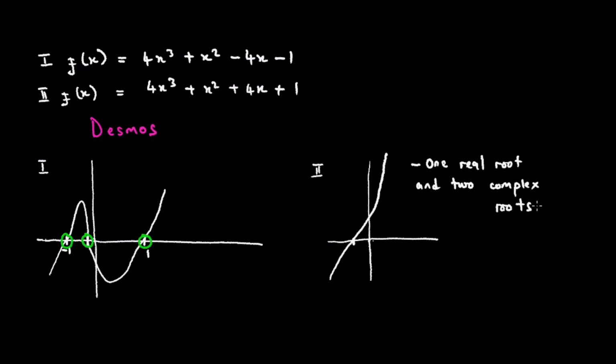Since a complex number has an imaginary part, the reason why we cannot pinpoint where these complex roots are is because they are imaginary. For the first situation, we had 3 real roots.